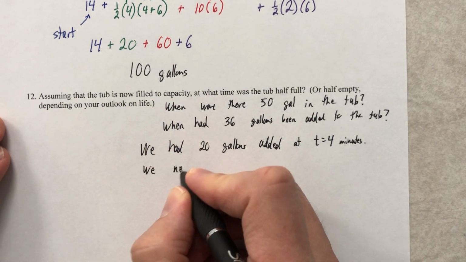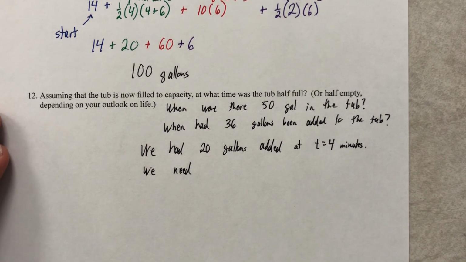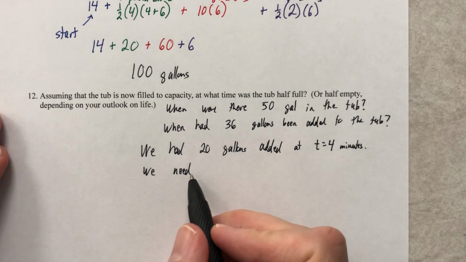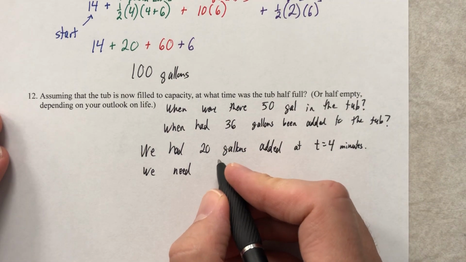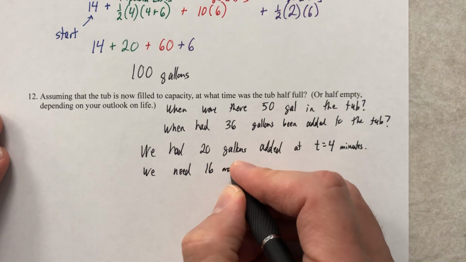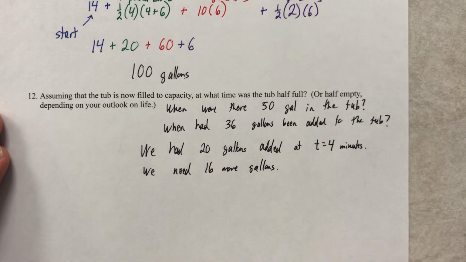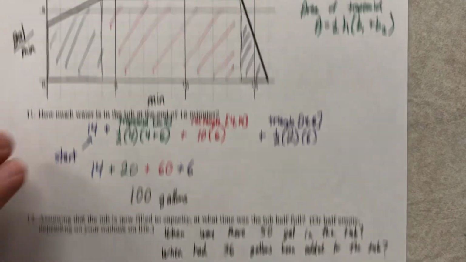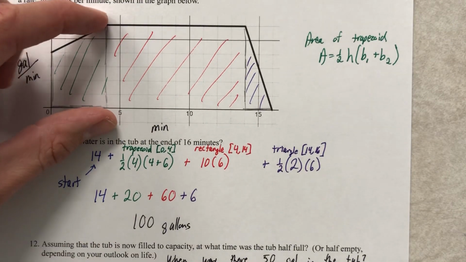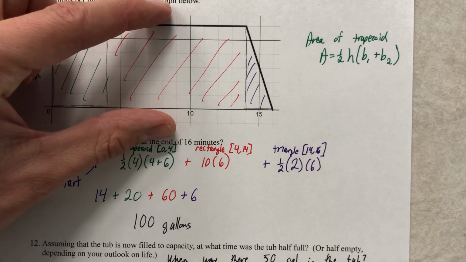I'm articulating my process in my brain. We need how many more gallons? 16 more gallons. Okay, it's going to happen during this rectangle. This rectangle has a height of 6.